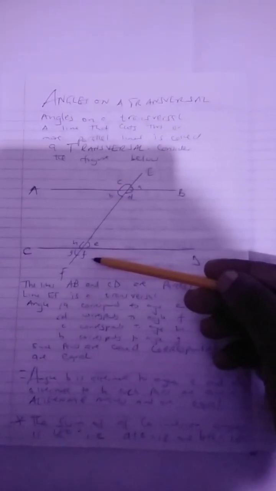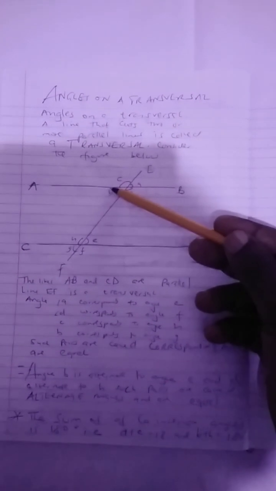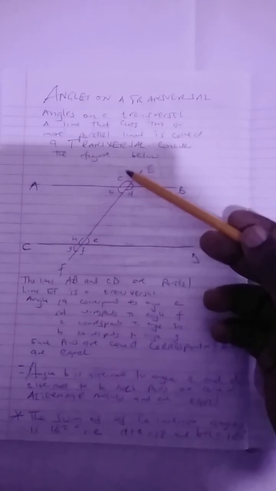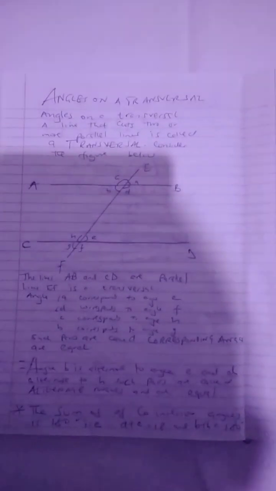And then we also have angle D, which is equal to angle F. We have angle B, which is equal to angle G. And we have angle C, which is equal to angle H. Those angles have a name, and they are called corresponding angles, and they are always equal, right? We have learned about transversal, and then we have learned about corresponding angles.